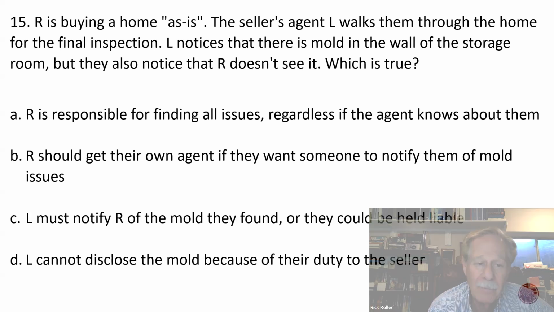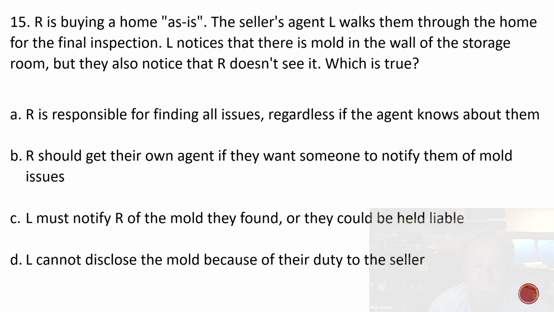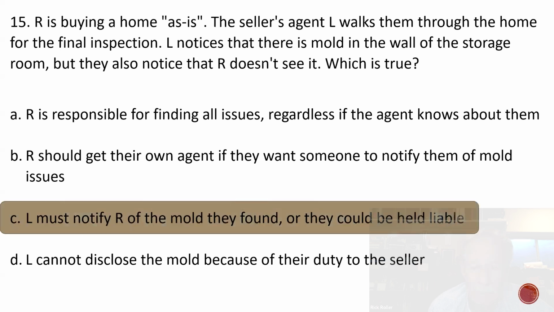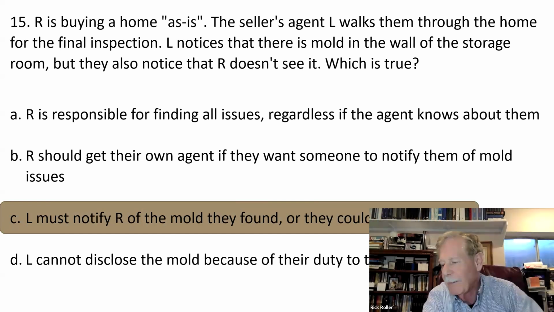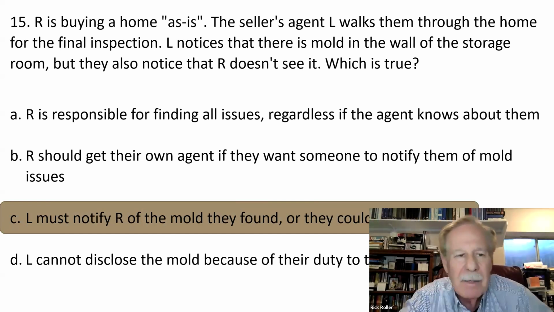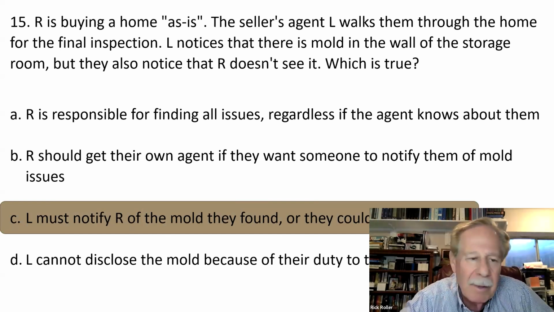L must notify R of the mold they found, or they could be held liable. Guys, that's the right answer. And L cannot disclose the mold because they're duty to the seller. Now, any material defect, and mold definitely would be a material defect. A material defect means that there's going to be some money involved in getting it corrected.